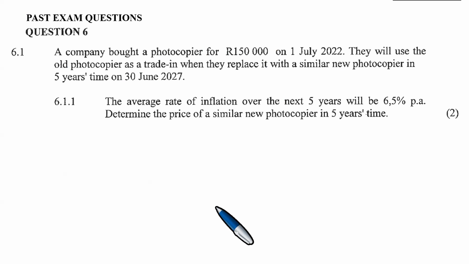They will use the old photocopier as a trade-in when they replace it with a similar new photocopier in 5 years' time on 30 June 2027. The average rate of inflation over the next 5 years will be 6.5% per annum. Determine the price of a similar new photocopier in 5 years' time.